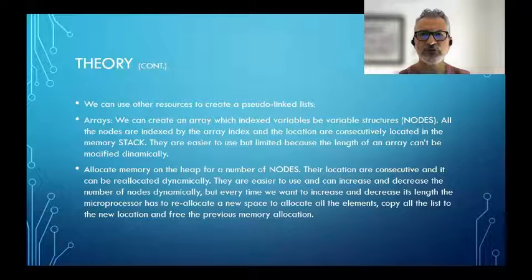The processor has to look for a space to put all the nodes, all the elements, consecutively. So it has to look for a big space to locate all the memory, and it has to copy the elements from the previous location to the new location. And it spends a lot of time.